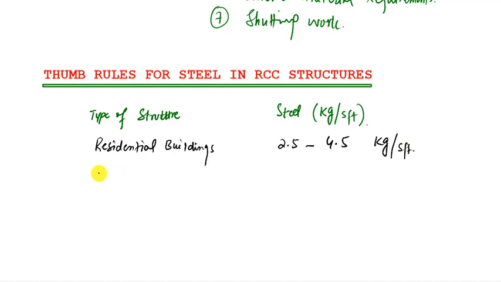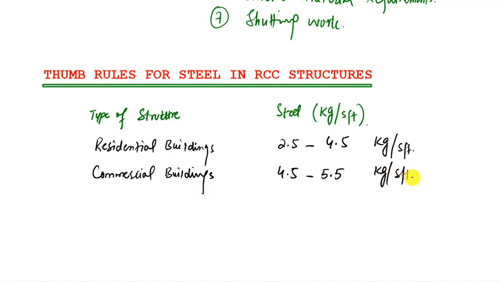And for commercial buildings, we actually consider 4.5 to 5.5 kg steel per SFT, square feet.